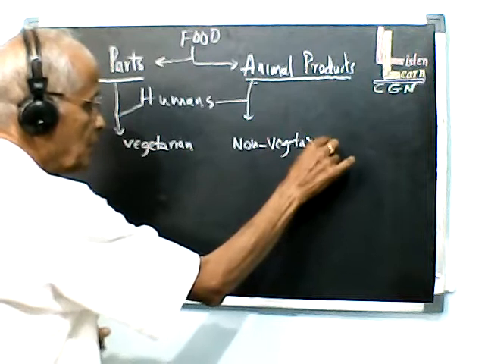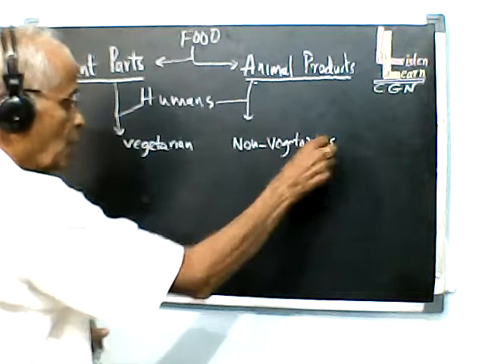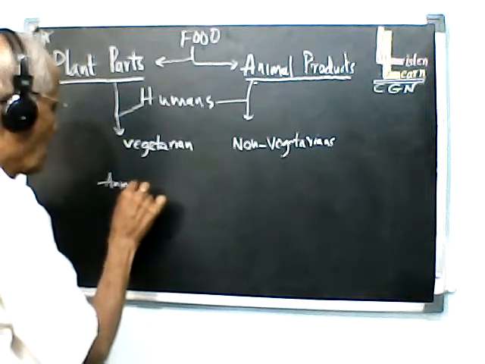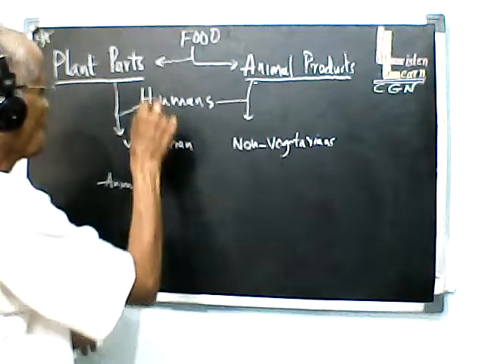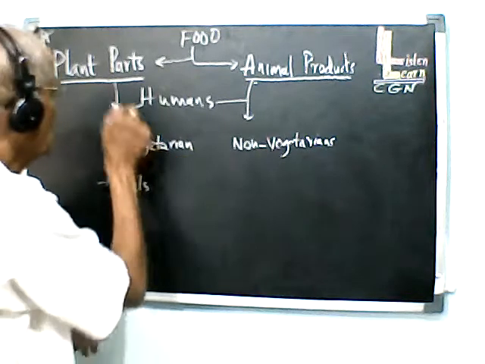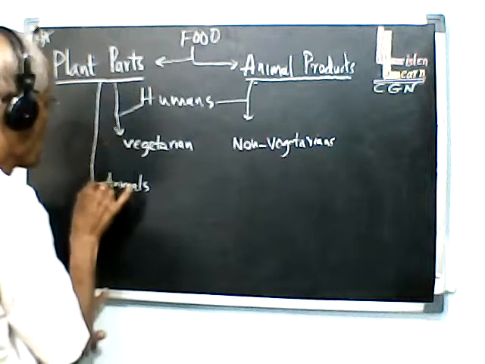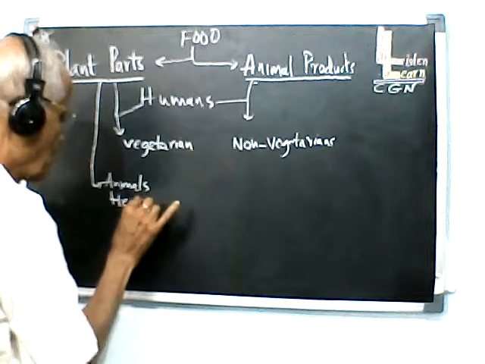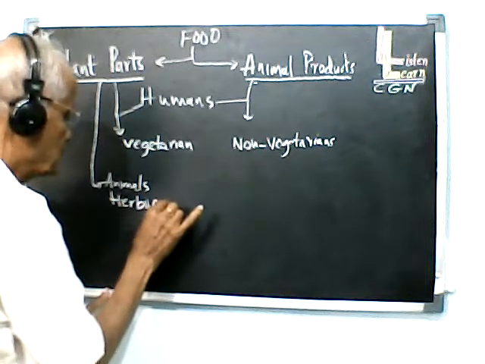This is one kind of classification. And now coming to animals. Animals which eat plant products are called herbivores. This is just recapitulation.